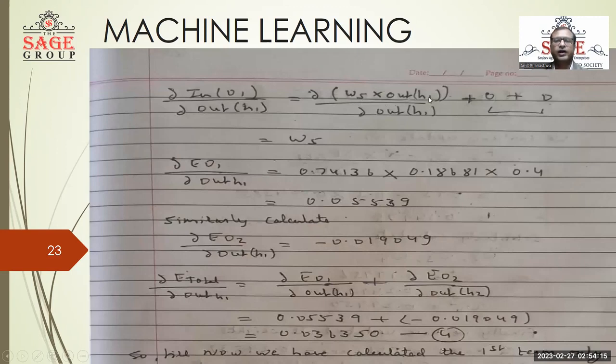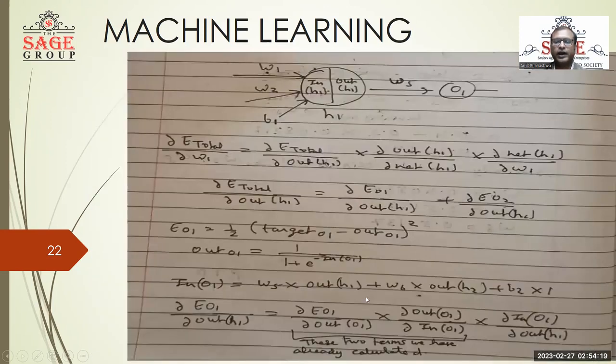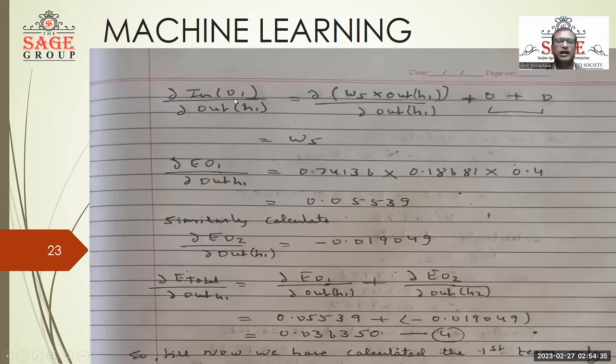W5 into out H1 upon del out H1, output will be W5 only. And when I partially derivate W6 into out H2 and B2 into 1 with this out H1, it will be treated as constant and it will give the answer 0. So final output of del in O1 upon del out H1 is nothing but W5.